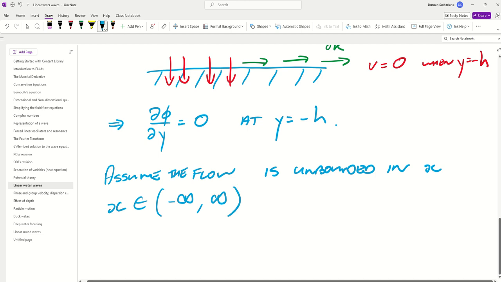It's the whole real line, and we're going to say that the boundary is open. That is that it just carries on.